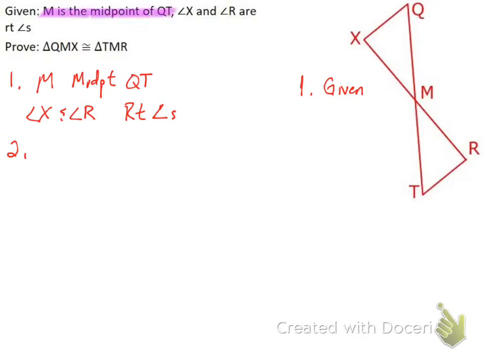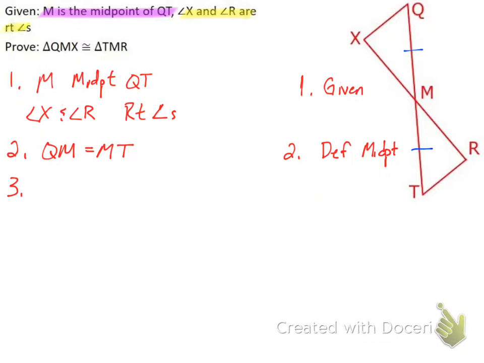M is the midpoint of QT, so I can look at QT, know that M breaks it in half, so I can say that QM is equal to MT. Again, I'm going to use the same word. Since they said midpoint, I'm going to use definition of midpoint.